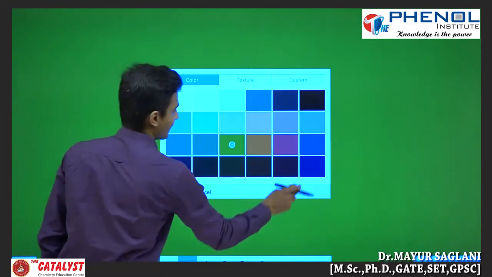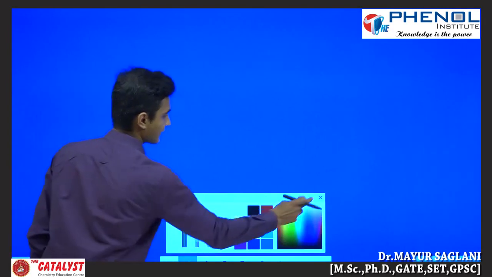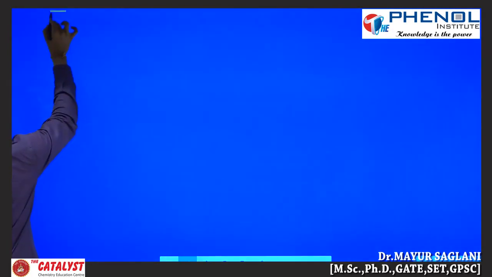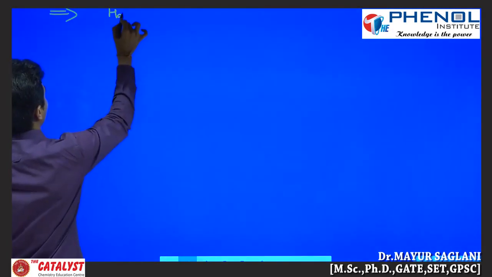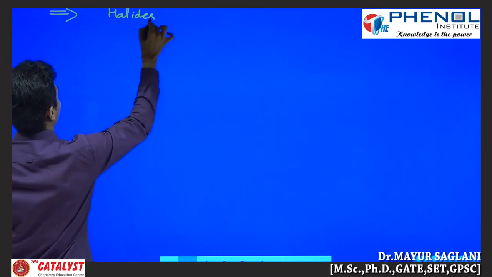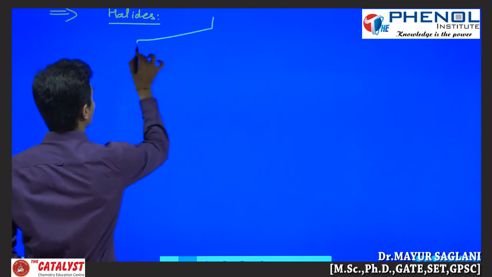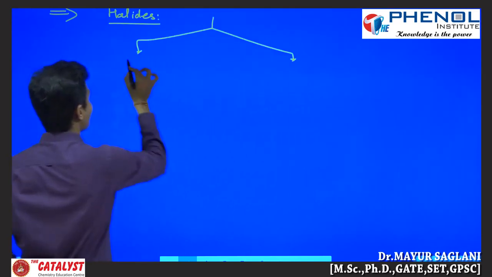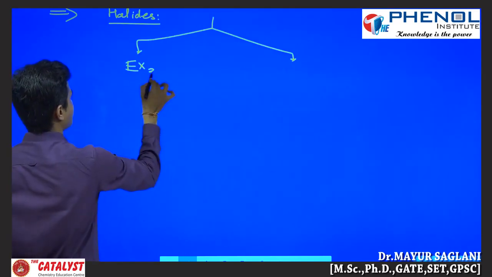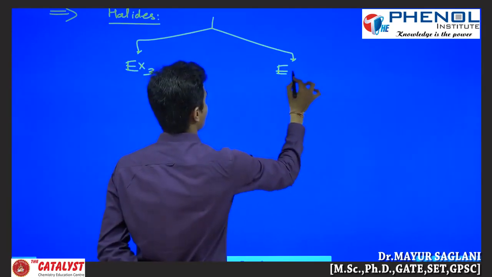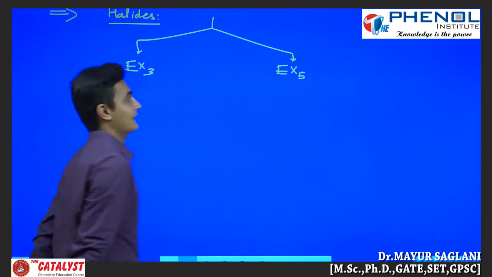If you consider halogens, then there will be two types of halides. If we give the heading halides, there are two types: EX3 type of halide and EX5 type of halide.